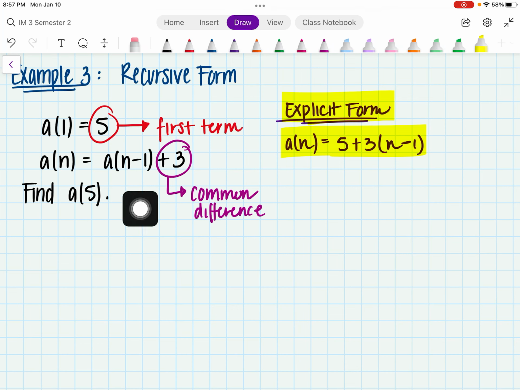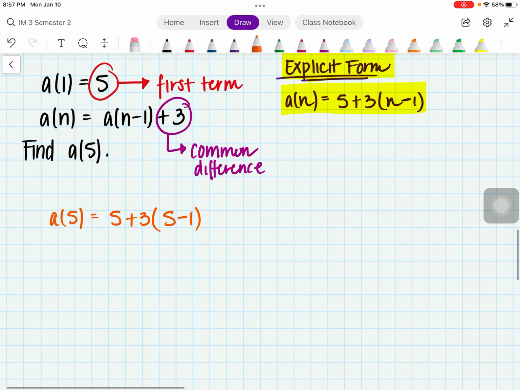All right, now if we want to find a of 5, which means the fifth term of our sequence here, all I have to do is substitute. So I have a of 5 equals 5 plus 3 times 5 minus 1.